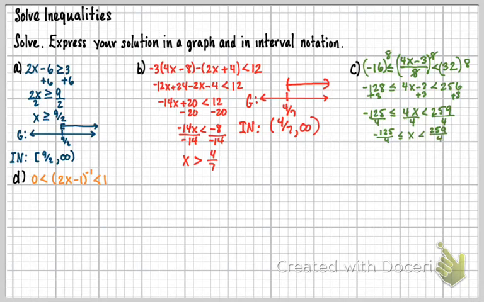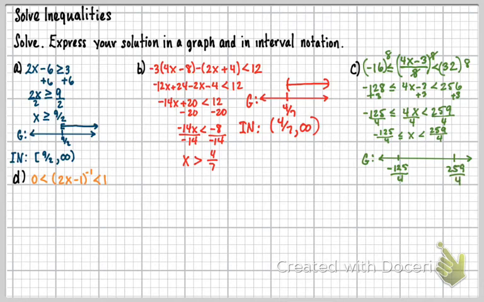259 over 4. Okay, so now for my graph of this problem, I had to make this one a little longer because I have two numbers on there, and the numbers actually take up a lot of space. So this is going to be negative 125 over 4 and 259 over 4.